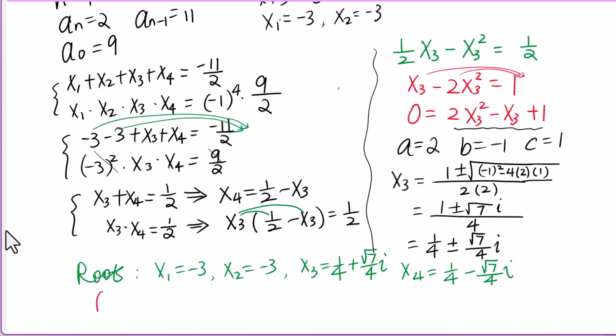For the factor form, f(x) = (x + 3)^2 times (2x^2 - x + 1).